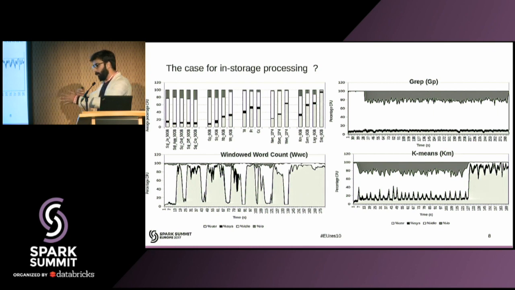What happens if you look at the whole spectrum of the execution time? For example, for grep, which is a filtering application, during the whole execution time you have a constant CPU utilization of less than 20%, and then you have almost 20% wait time on the IO.